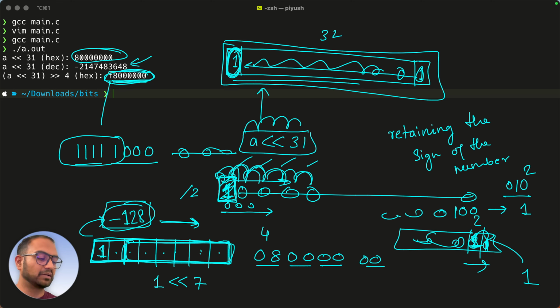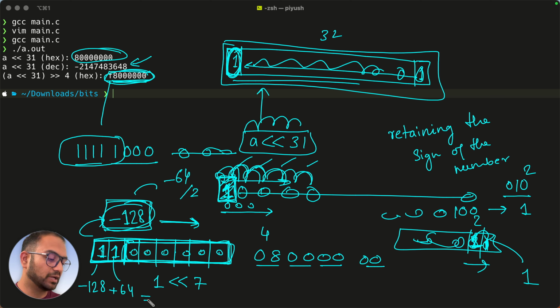the bit pattern that represents minus 128, if I move it to the right, then it should become minus 64, exactly half. And that can only happen if this is the bit pattern. Why? Because this represents minus 128, this represents 64, and when I add both of them, I get a negative 64.